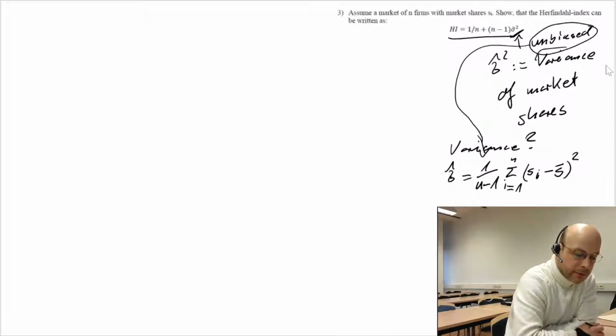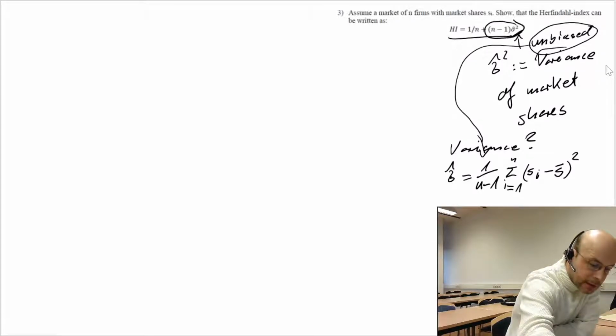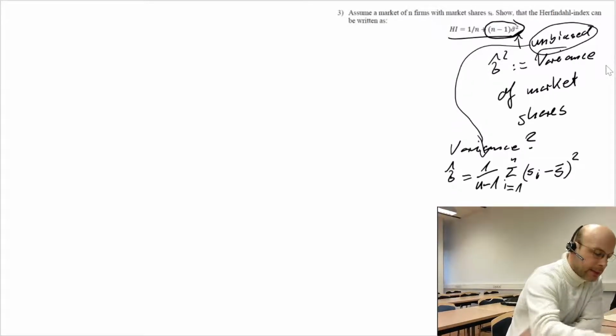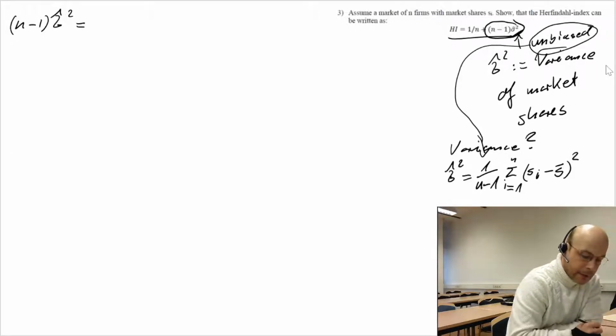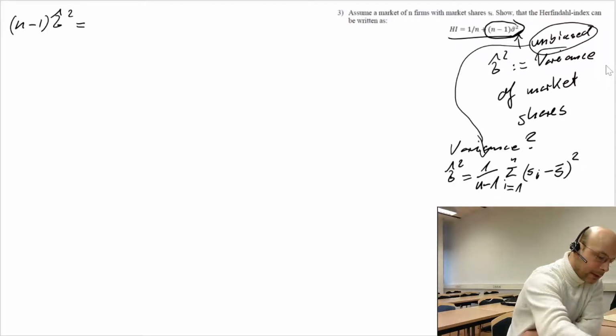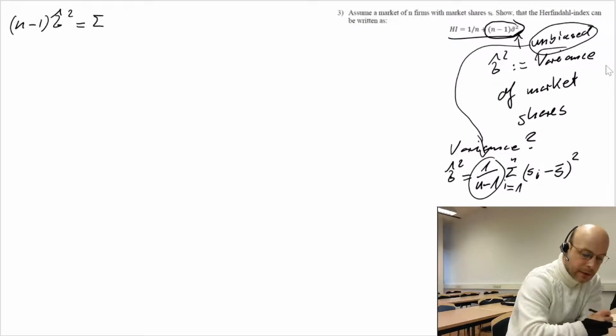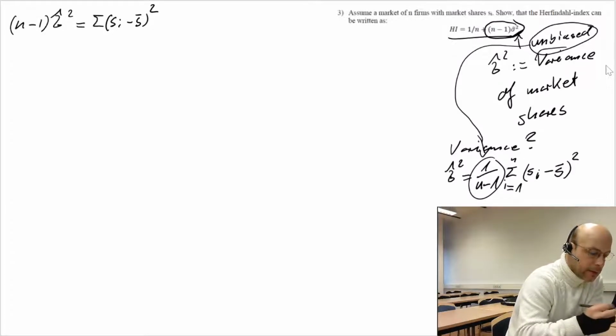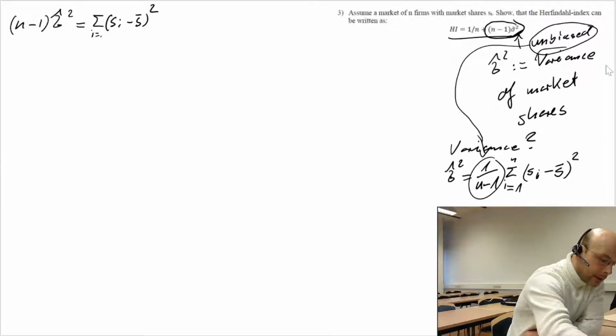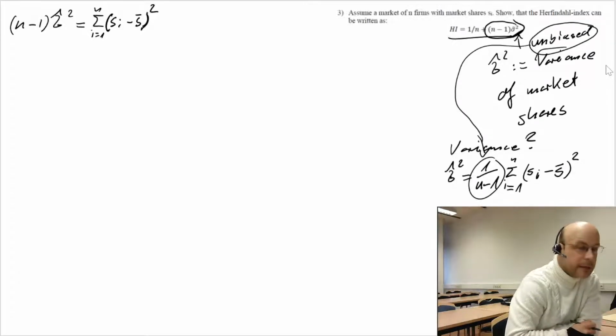And then let's take this formula and especially let's calculate n minus 1 times sigma hat squared, which equals just the sum, because this factor here cancels, of Si minus S bar squared, i equals 1 to n, and then we just multiply out our two brackets.